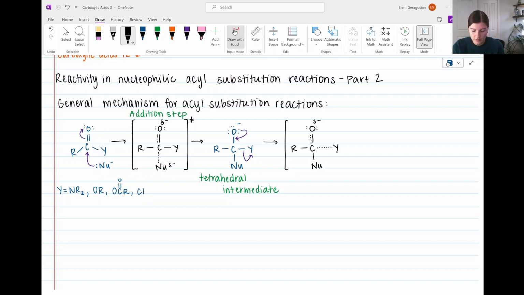Now, when Y, the leaving group, leaves, it will gain a pair of electrons and gain a negative charge. So in the transition state, we indicate a partial negative charge there. Okay, so there's our transition state for the elimination step, and we get our final product where we have the R group still bonded to the carbonyl carbon, the double bond to oxygen still present, and now we have the nucleophile bonded there.